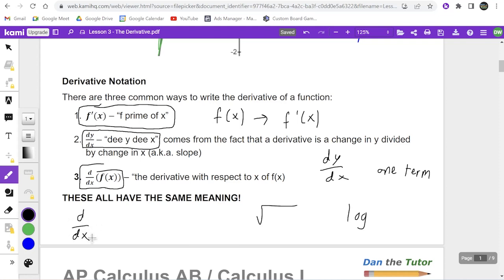It's d dx. And when you take d dx of f of x, it equals f prime of x. I guess you wouldn't say dy dx, because you only use dy dx for y, and I'll explain that in a minute. But basically, this is the derivative operator.